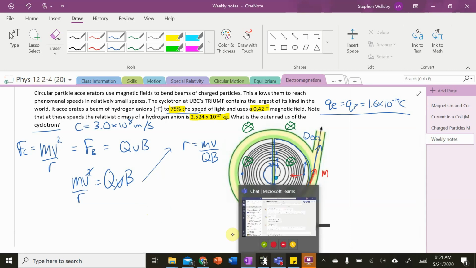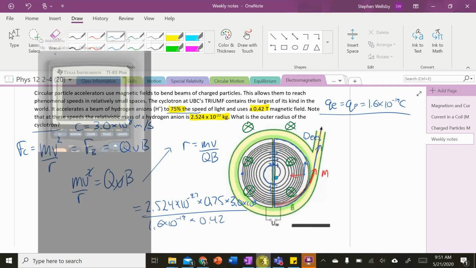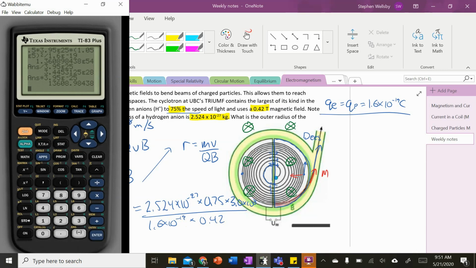This is going to equal 2.524 times 10 to the minus 27 multiplied by 0.75 times 3 times 10 to the 8, and we're going to divide that by 1.6 times 10 to the negative 19 multiplied by 0.42. So let's put this in our calculator and see what we get.